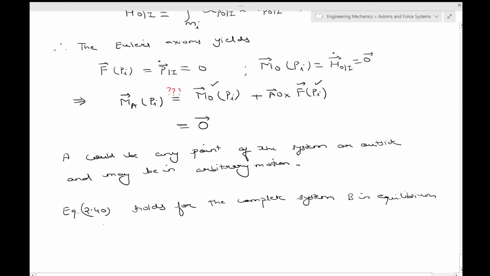So F of B is equal to 0, M_A of B is equal to 0. Since it's valid for each part individually, it will be valid for the whole body as well.